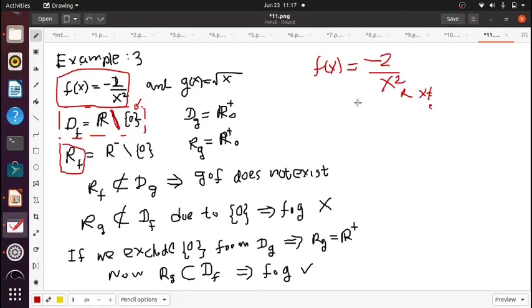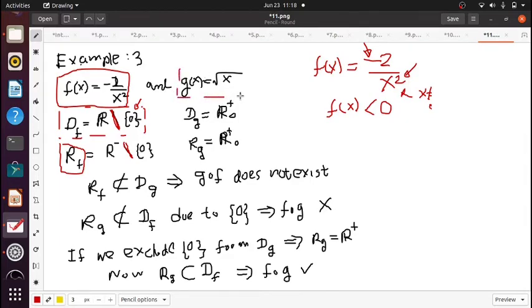In the range of f, you know that if you apply any x value, whether negative or positive, definitely the function will be negative because of this negative sign. For any positive or negative x values, the range will definitely be less than 0. So it is written here as the negative values of R, and you cannot include 0 here as well, so you exclude the element 0 in this case too.